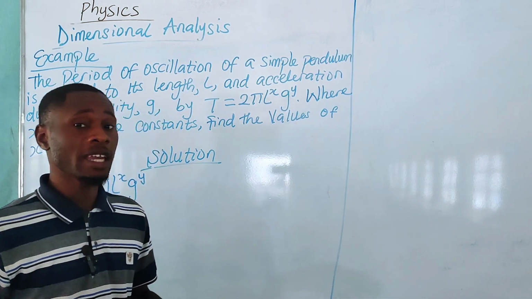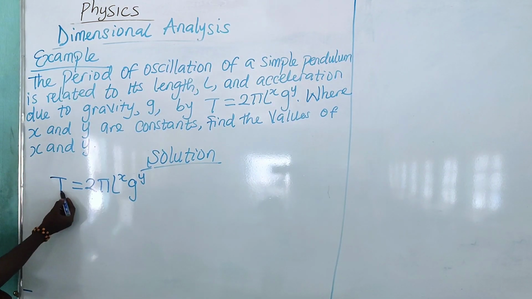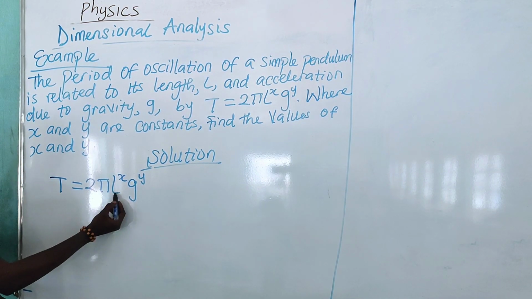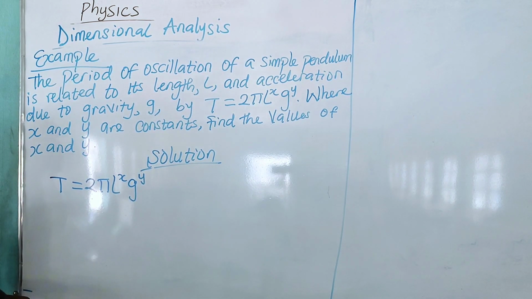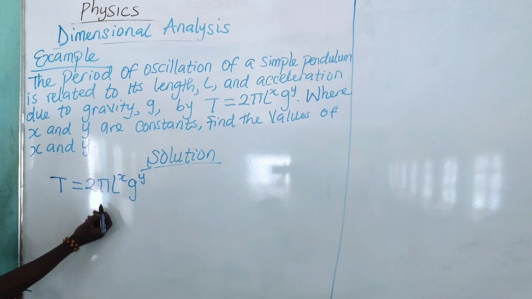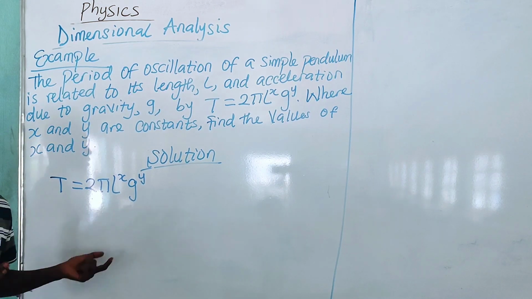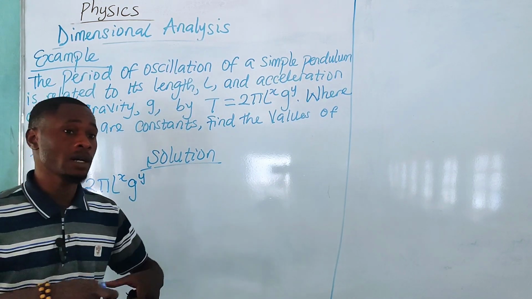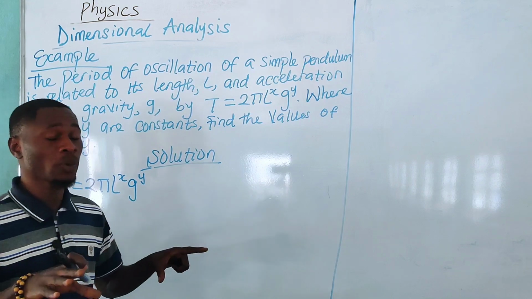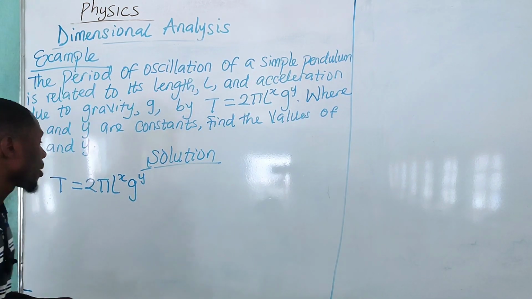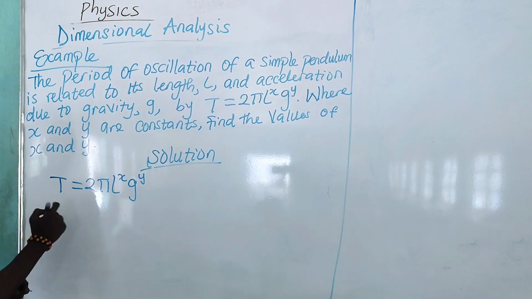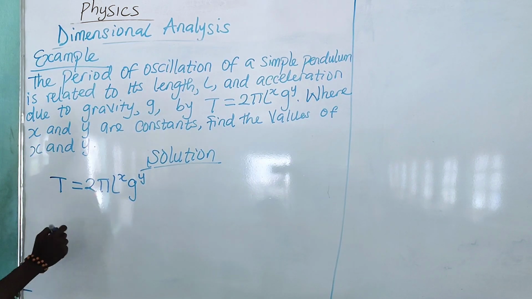You need to substitute the dimensions of the period T, the dimension of L, which is the length, and the dimension of g, which is the acceleration due to gravity. Remember that 2π here is a constant, so you ignore it, or you just solve the question as if 2π does not exist. Let us write down the dimensions of T, L, and g.